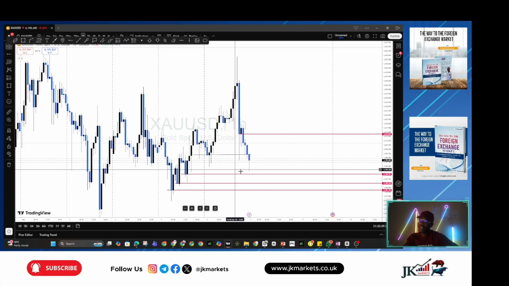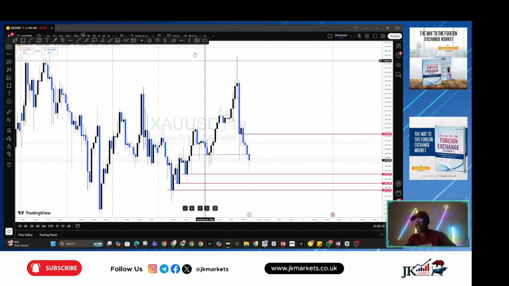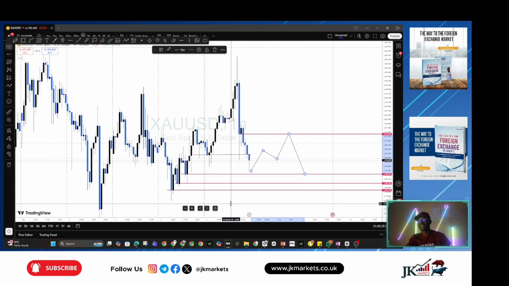Now my expectation is that this thing will move and touch the support zone. However, I will be expecting that a candle will come out and move to this side. So I'll be expecting something like this to this side before, if there is going to be any move to this side, we will now observe what will happen around this place.